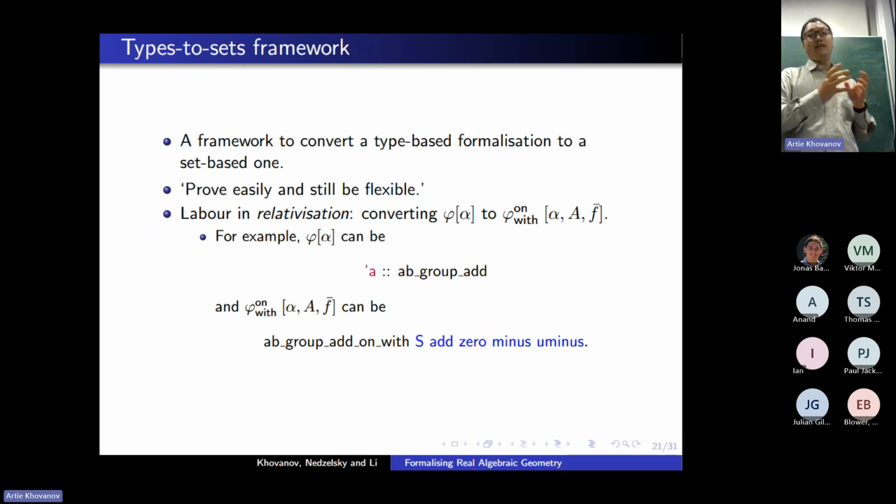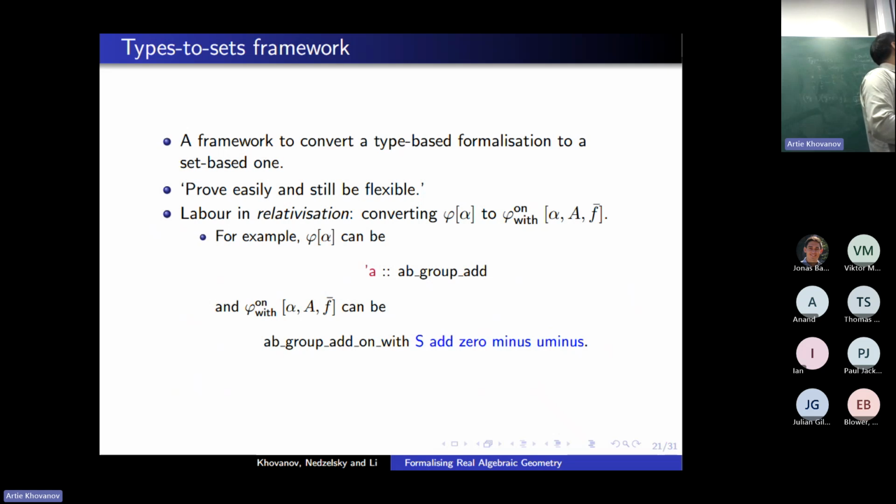The main thing we need to do within this framework is called relativization. It converts reasoning or assumptions on a type level to an explicit statement on the set level. For example, as in the previous example, we have an implicit type-based statement saying this A is an abelian group and it satisfies certain assumptions.